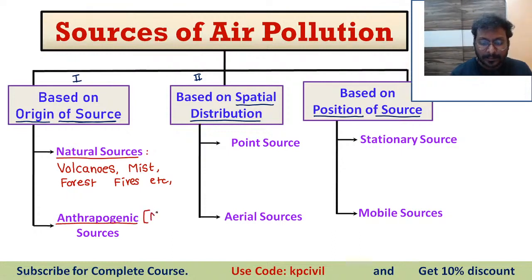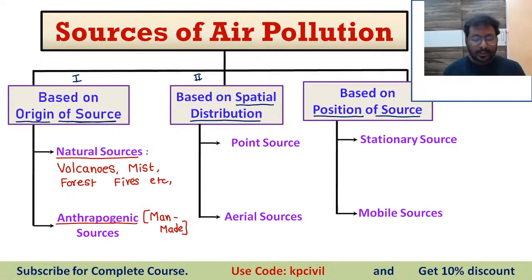Anthropogenic is nothing but man-made air pollution, man-made sources. Everyone will say what the man-made sources are: burning of fossil fuels, industrial pollutants, vehicular emissions. We even include cigarette smoking as an anthropogenic source, because it also releases a considerable amount of carbon monoxide, sulfur dioxide, chemicals.